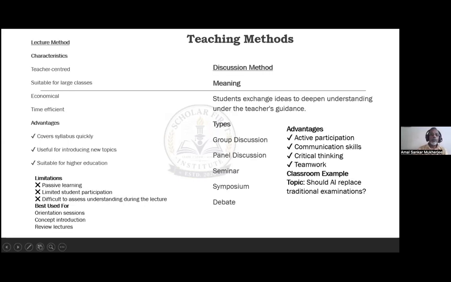So come on to the first teaching method, that is lecture method, right? And of course, it is a teacher-dominated or teacher-centered method. What are the characteristics of this lecture method, or what are the features incorporated in it? Number one, as I've told, it is teacher-centered, and this particular method is suitable for large classes.